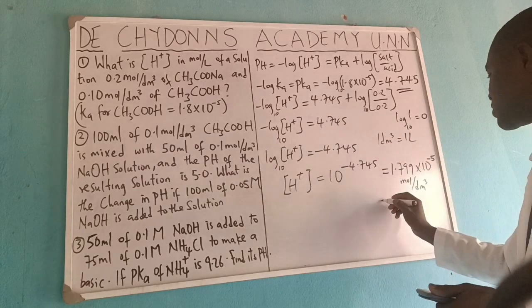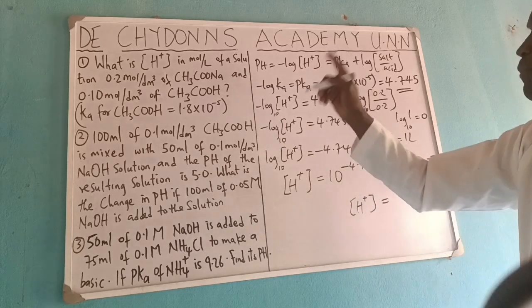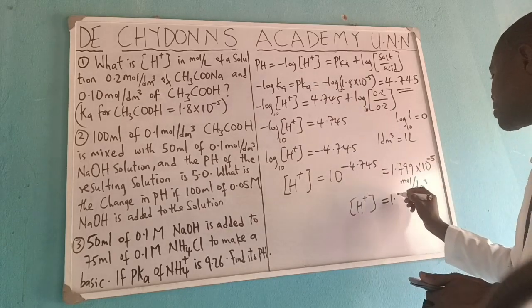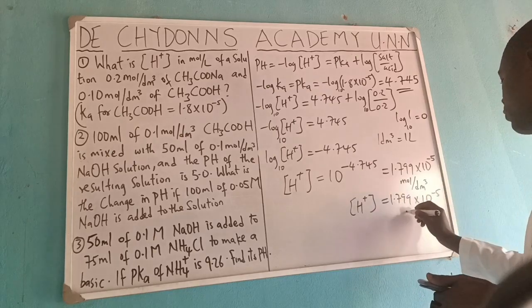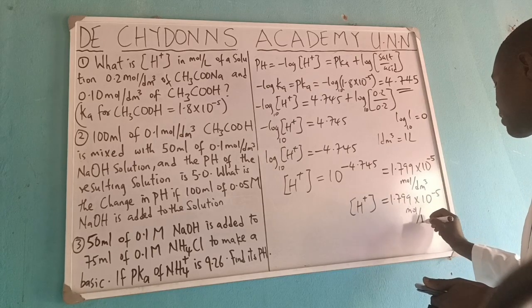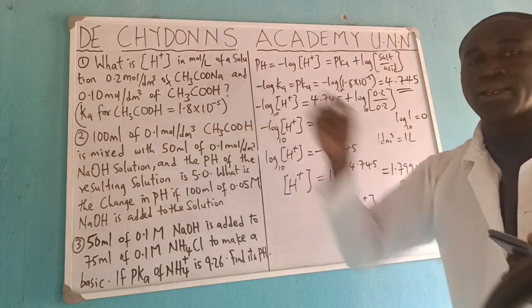So our hydrogen ion concentration will be 1.799 times 10 raised to the power minus 5 mole per liter. That becomes your answer to question number 1.